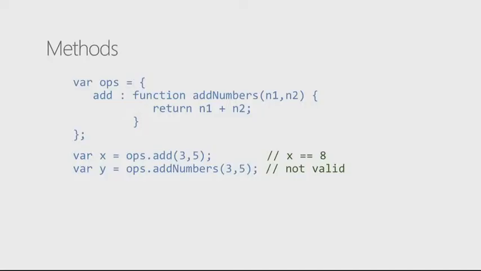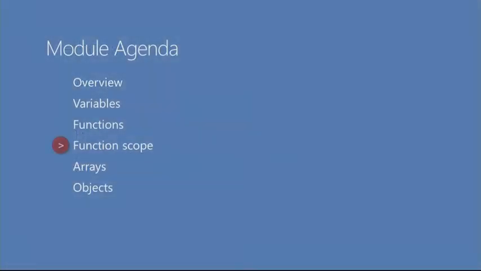But going back over into our example, why is it not valid to say add numbers? Do you have any guesses on it? It looks like it's hidden to me. You are correct. And in fact, that is what I'd like to get into right now, and that is scoping, which is a pretty big deal, especially when we're dealing with our Windows 8 applications and we're trying to figure out how we're going to do proper structuring of our code.